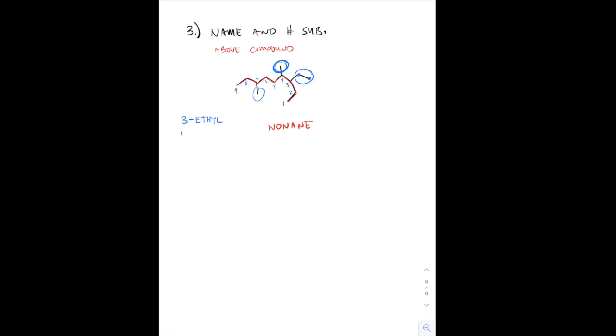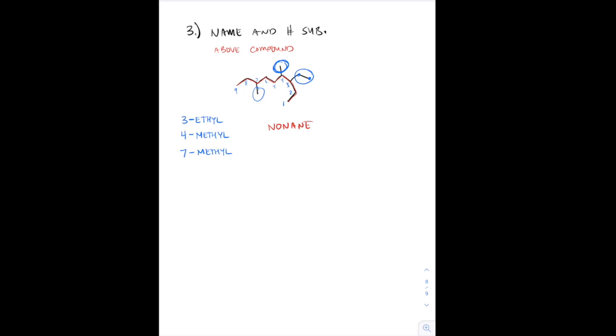This is at carbon number 4, we have 1 carbon, so that's meth, and then again it's a substituent, so that's ending in yl. We also have a methyl group at 7 as well. Okay, so these are the name and number of all of the substituents.